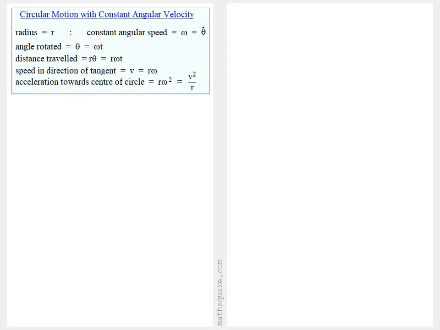Now the distance travelled is r theta, which is equal to r omega t, and the speed is in the direction of the tangent, which is equal to v, and v is equal to r omega. The acceleration is towards the centre of the circle, and that's r omega squared, or v squared over r.